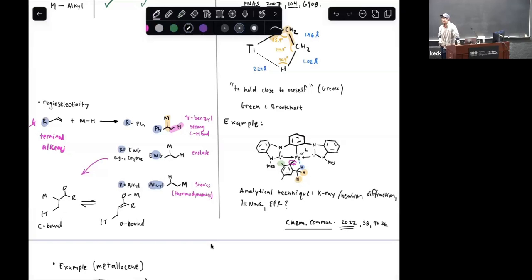Maybe one thing you could do is try to synthesize similar complexes where the mesityl protons either don't exist or there's something else there that's incapable of doing those interactions. And then provided that it's still symmetrical, you could say, well, this one doesn't experience symmetry breaking.